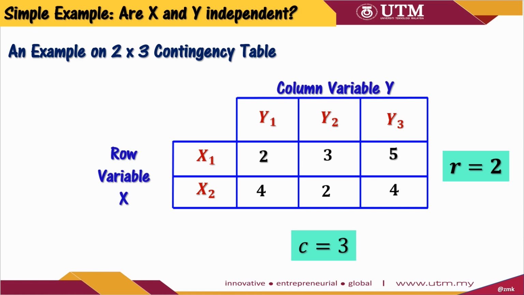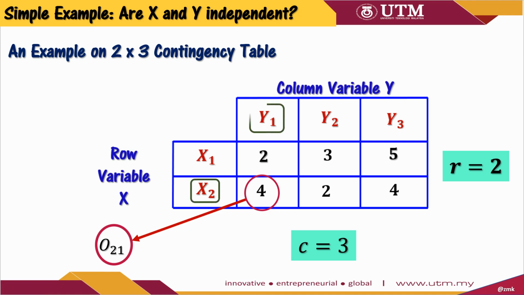These frequencies are also what we call the ijth observed values denoted by Oij for ith row and jth column. For example, the value 4 in the second row and first column here is the value of O21, which have both x2 and y1 characters, whereas the value 5 in the first row and third column here is O13, which is the observed number of subjects which have both characters x1 and y3, and so on.